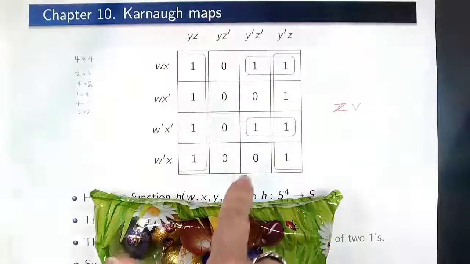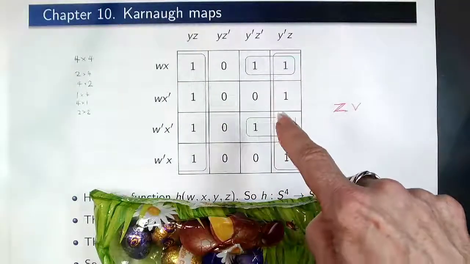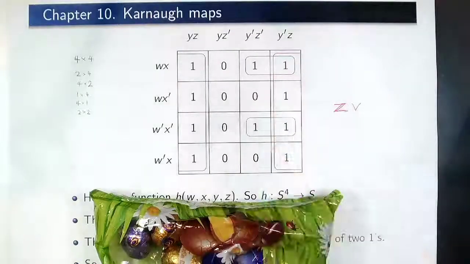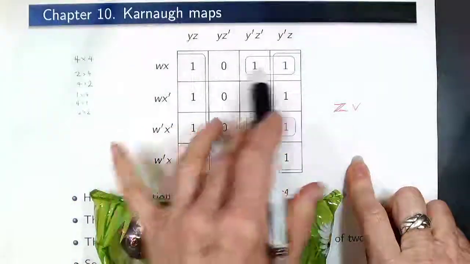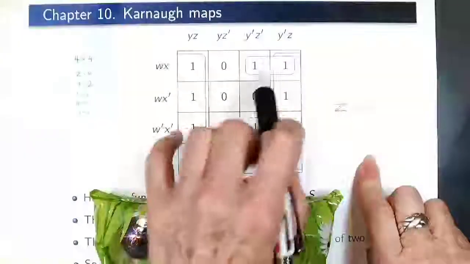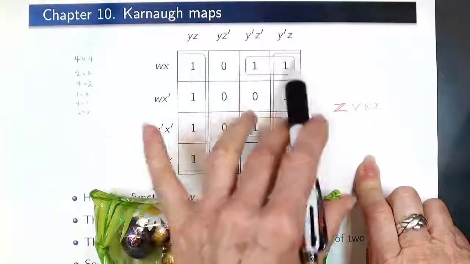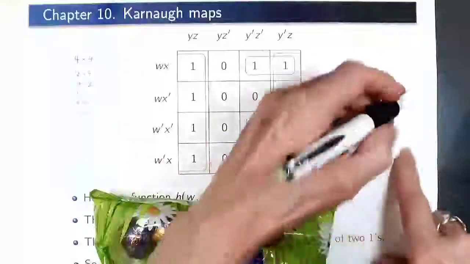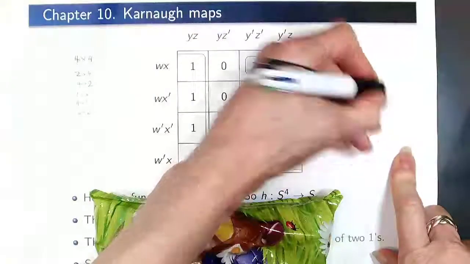Or. Now what about the blue box? What describes those two ones in the blue box? WX, yeah, clearly they've both got WX. Y dash, yeah, because these are exactly the boxes which have WX, Y dash.